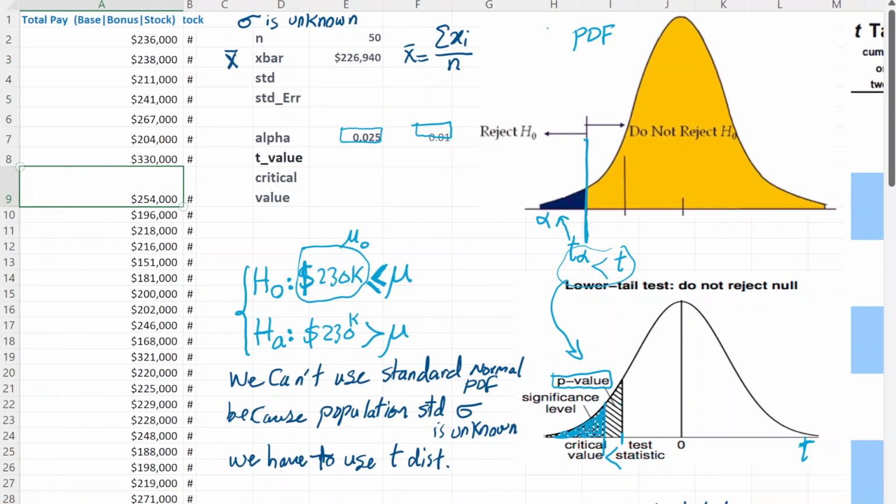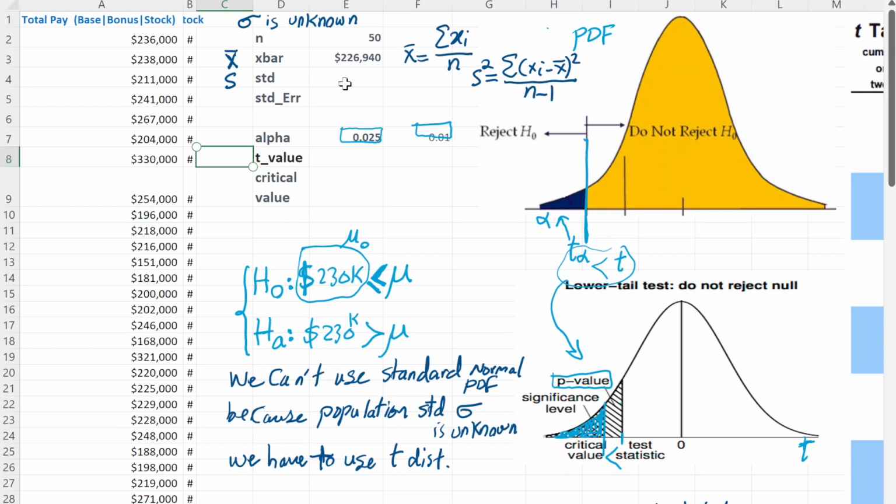What is the sample standard deviation, or S? So what I want to compute now is S, which is the square root of S squared, the sample variance. S squared is the sum across the 50 data points of (xi minus x bar) squared, divided by n minus 1, or 49.